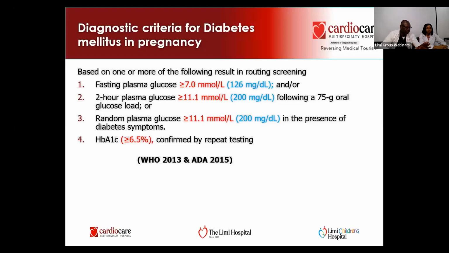So if you have a patient at the 2nd month or 3rd week coming with a fasting of greater than 7.0, please, it is diabetes in pregnancy, pregestational diabetes.